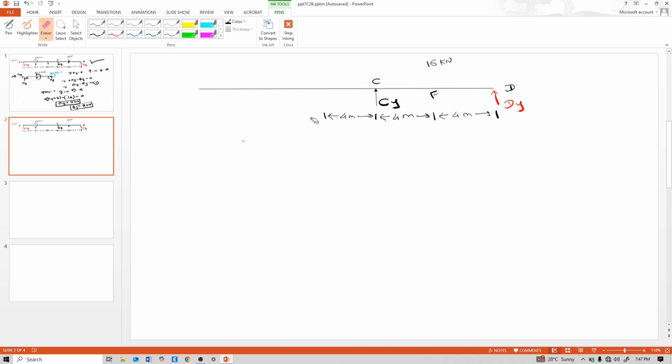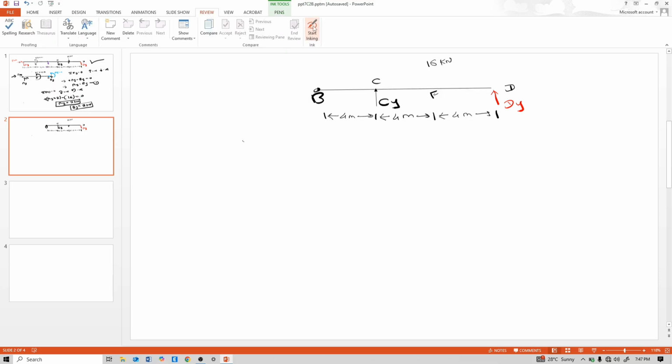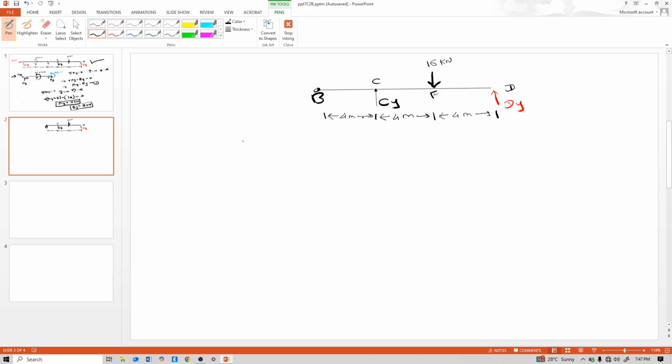Only B to D, and at point B here there is the internal hinge, and here it is the 16 kN downward load.